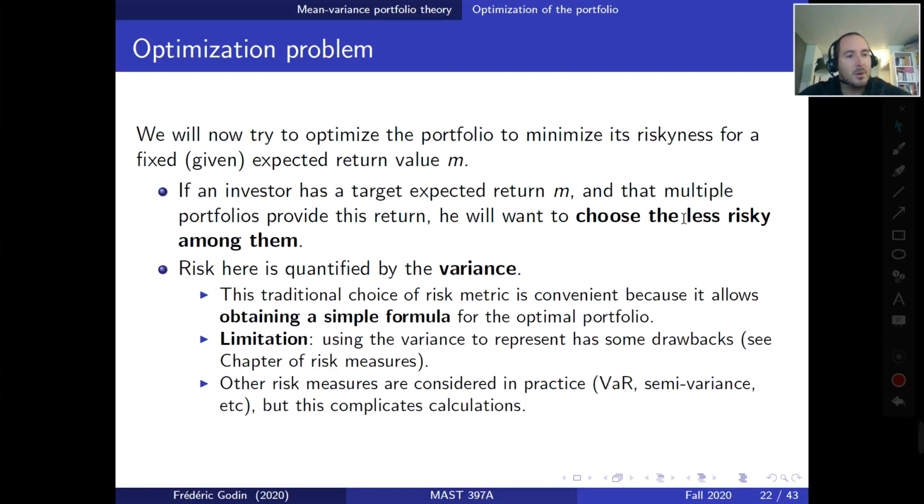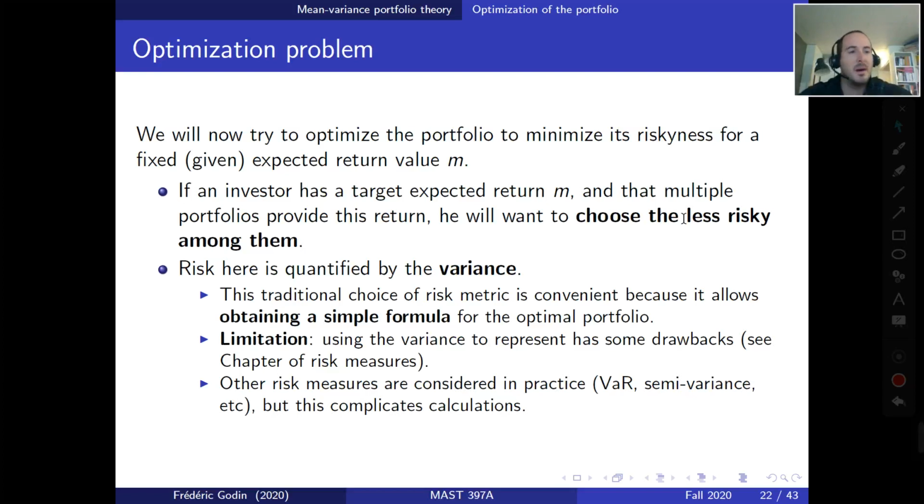To quantify risk, we're going to use variance. So basically we set an expected return of m as a target and choose, among all portfolios which have an expected return of m, the one which has the smallest return variance.